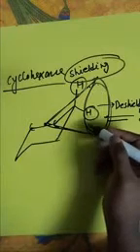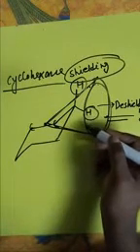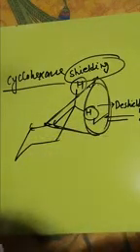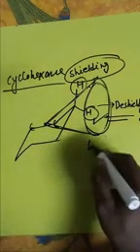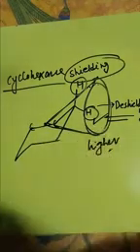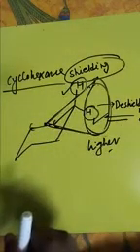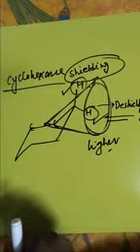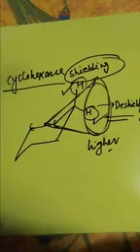As this hydrogen comes into the deshielding region, it shows a higher del value in NMR spectroscopy. But this hydrogen is present in the shielding region, and therefore it shows a lower del value in NMR spectroscopy.